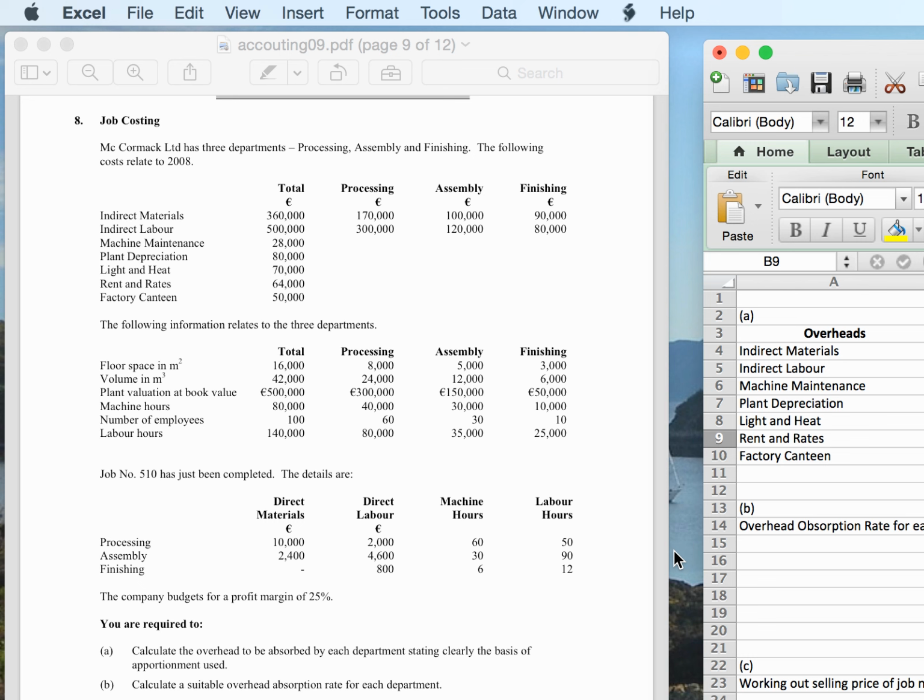Rent and rates, well, that really should be based on floor space. So floor space is 8 over 16, 5 over 16 and 3 over 16. So it's going to be the total overheads times a half, which is 8 over 16, and then the overheads times 5 over 16, and then the overheads times 3 over 16.